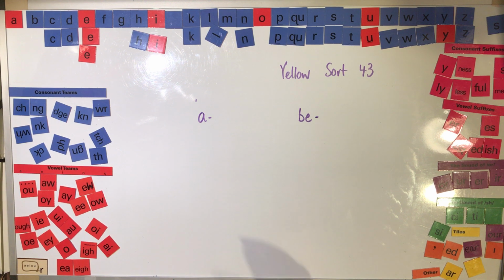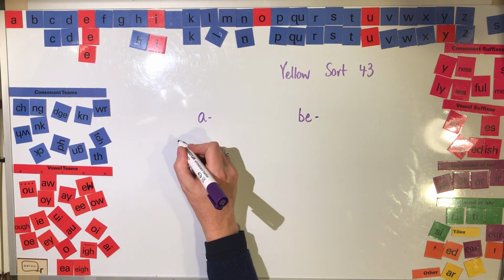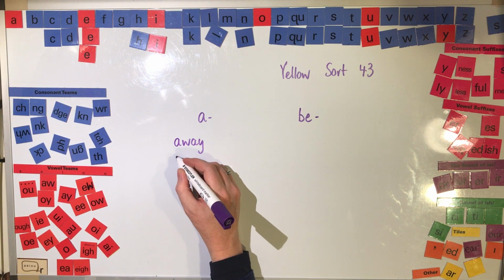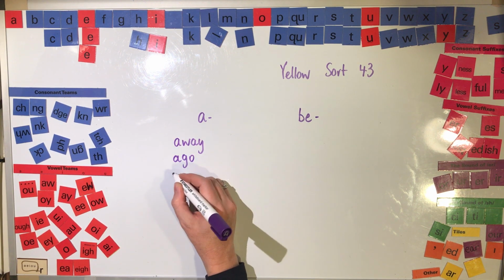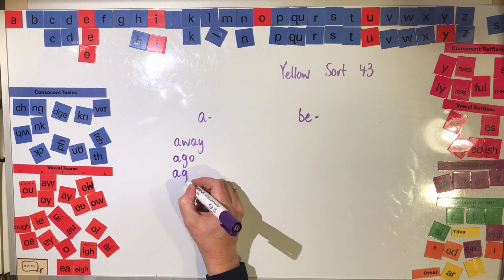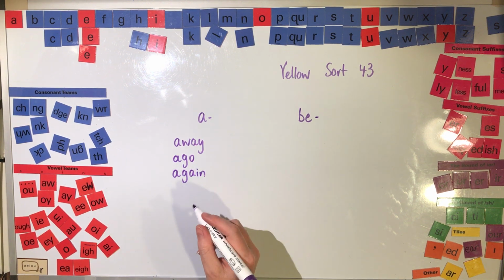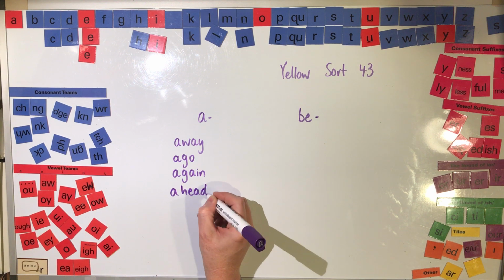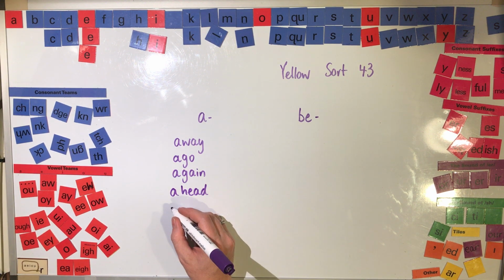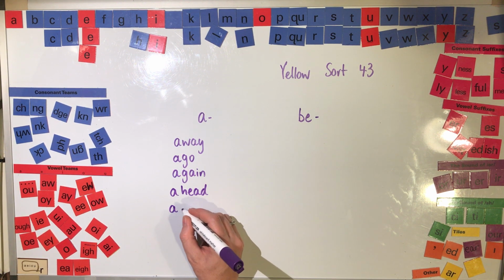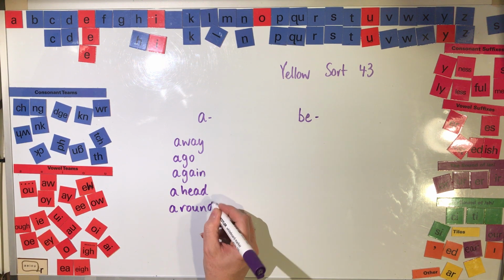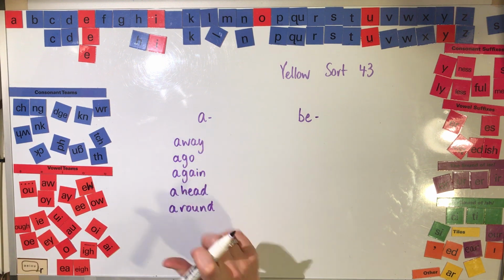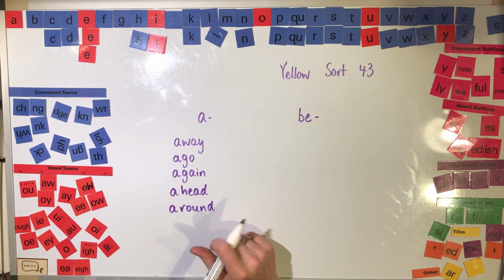Okay, so we've got words like away, ago, again. Now, I don't think you're going to find anything too tricky in this word sort. Ahead, but they're very high frequency words, so it's important that you can spell them. Around. Now I've written down a few of them. You could consider A to be almost a bit like a prefix.